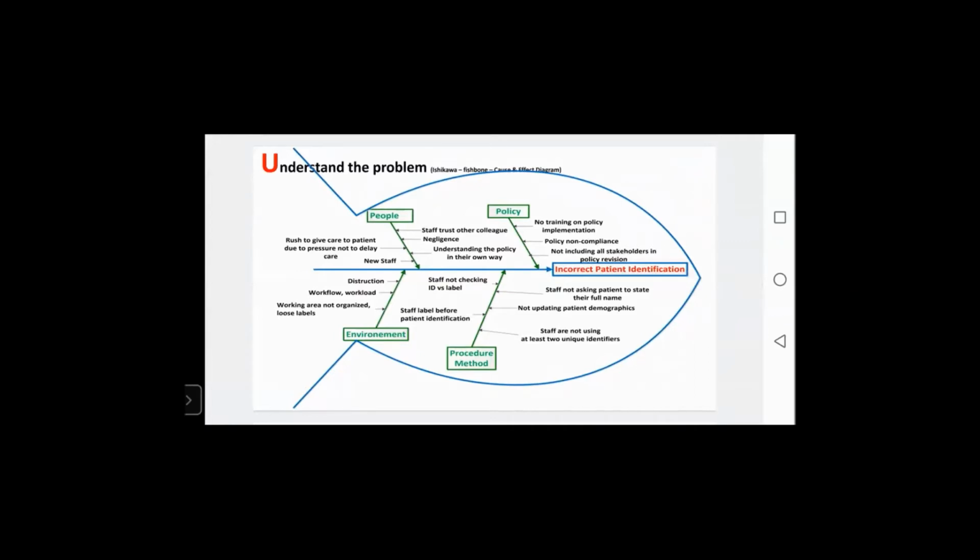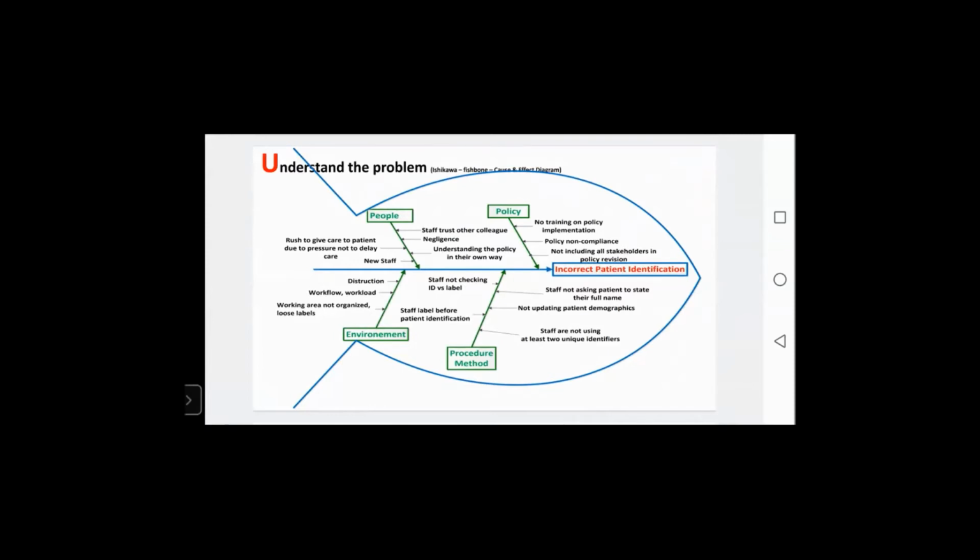We have the causes related to people: rush to give care, because if they have a lot of patients, they will rush and miss some steps to identify the patient, or new staff.